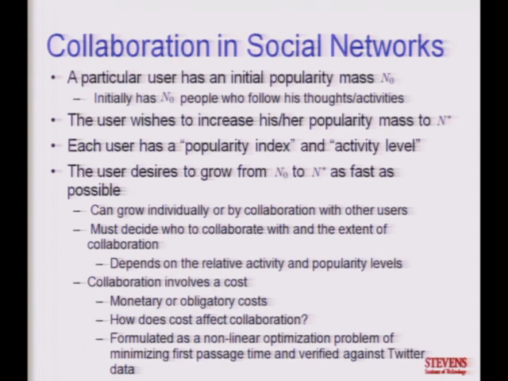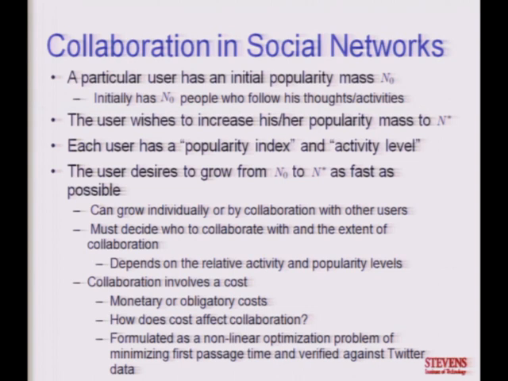Now, this is like a chat room. If I just leave the door open and people walk in and walk out as they please, the number of people in the room is going to vary dynamically. So let's say we have an initial mass of N0 people discussing a topic.